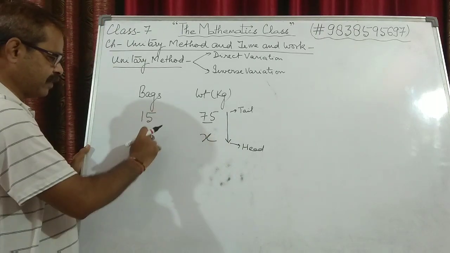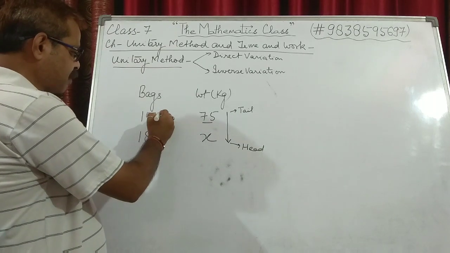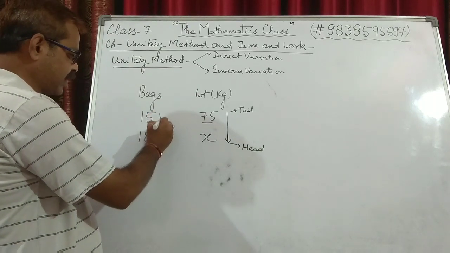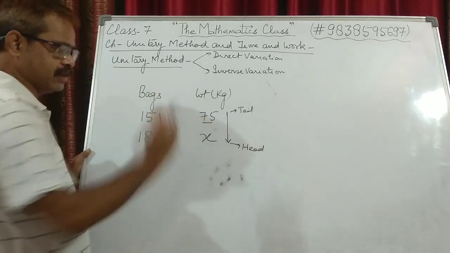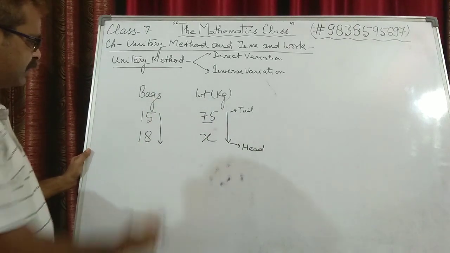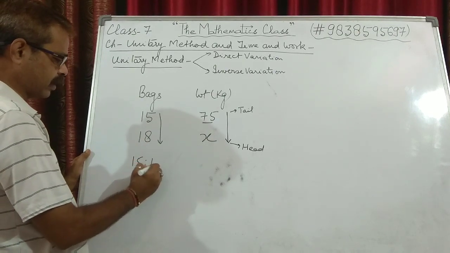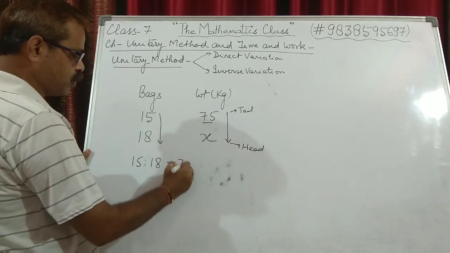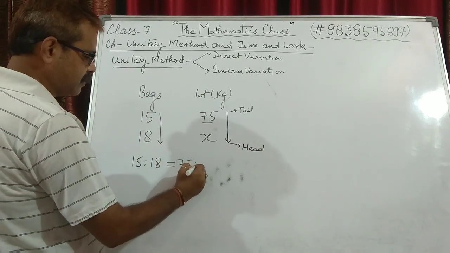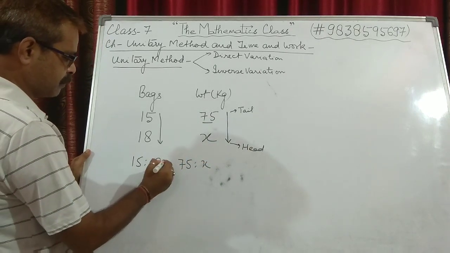Then in the second quantity, when we know that this is a direct variation, the arrow has to be in the same direction as the first arrow. Now it means that whatever is the ratio of 15 to 18, the same is the ratio of 75 to x. In place of equal to, we can put the proportion sign.